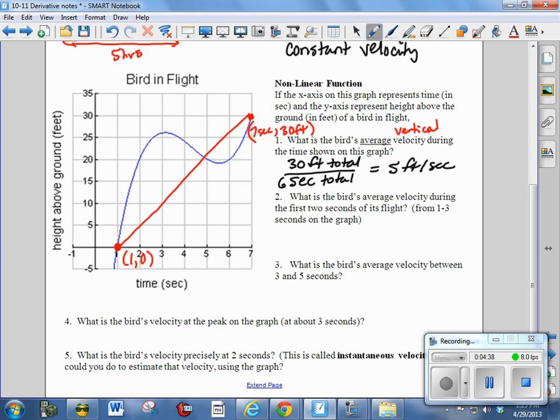Basically we treat those 2 points as being on a line, as if it were constant velocity. Now I'm going to erase this because it's going to get crowded with some of the other things I'm going to draw on it.